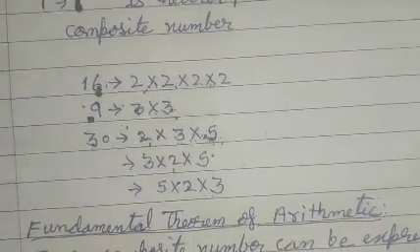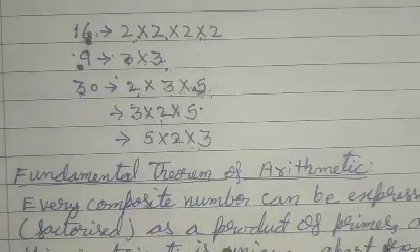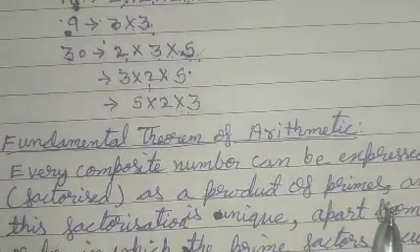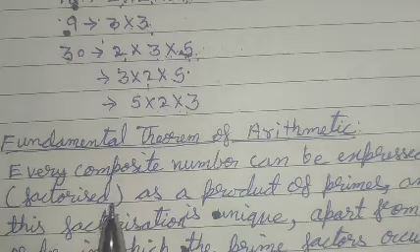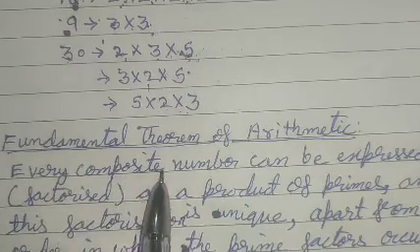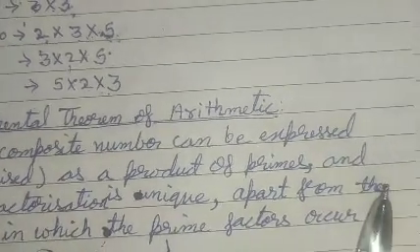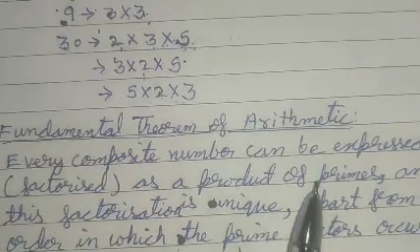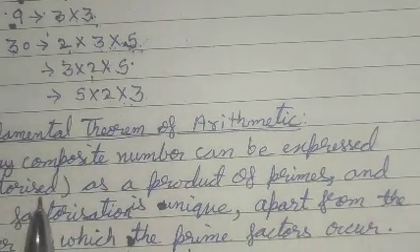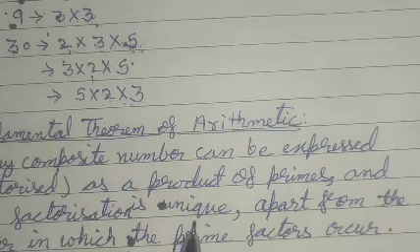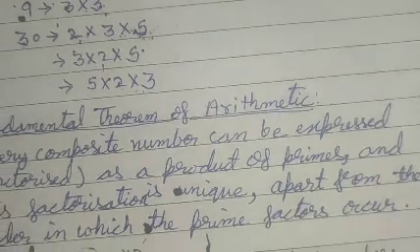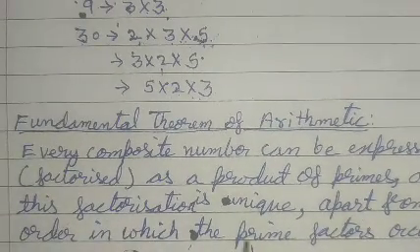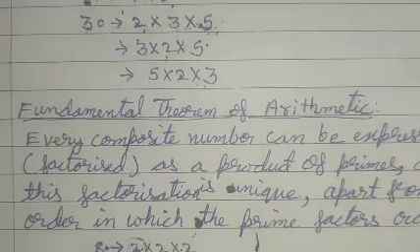This is called the fundamental theorem of arithmetic. Now, statement of the fundamental theorem. What does this definition tell you? That every composite number can be expressed as or factorized as a product of primes, and this factorization is unique apart from the order in which the prime factors occur.